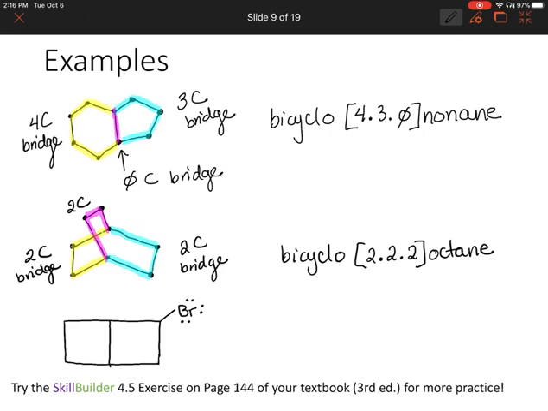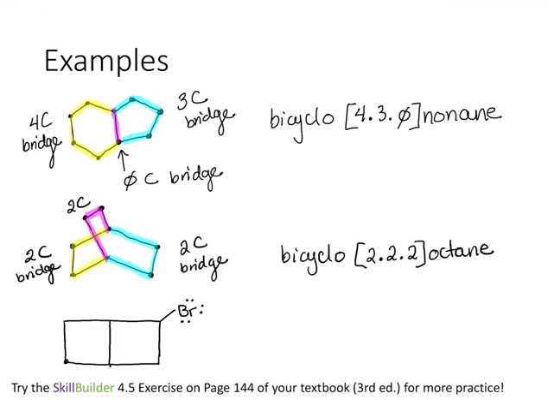So let's start how we normally would. Let's count how many carbons we have. So we have 1, 2, 3, 4, 5, 6. So which prefix would we use? Hex. So this would be hexane.